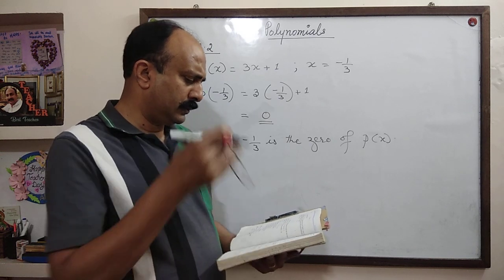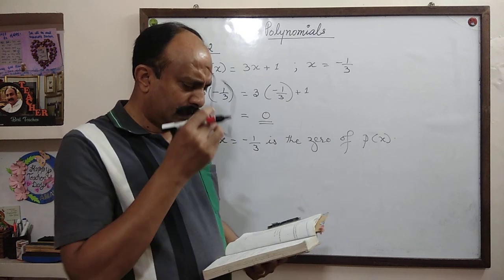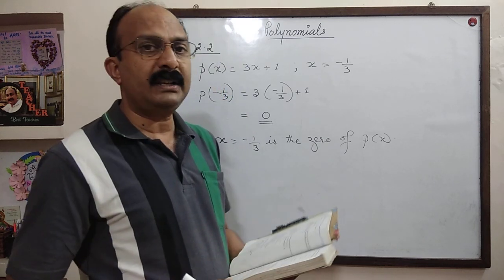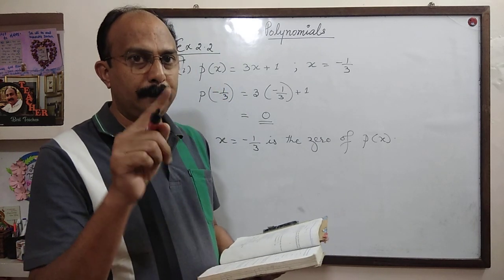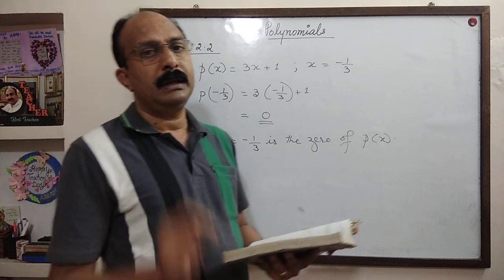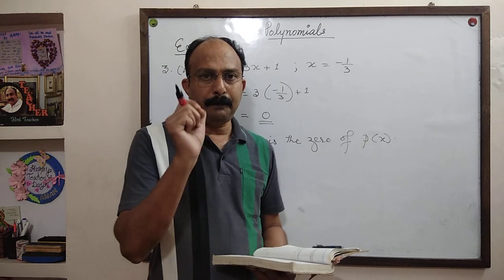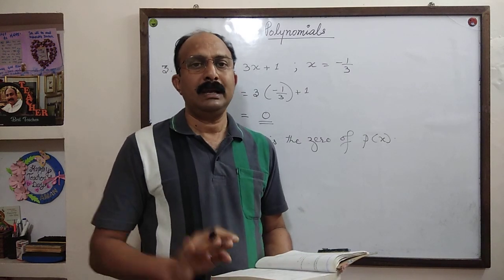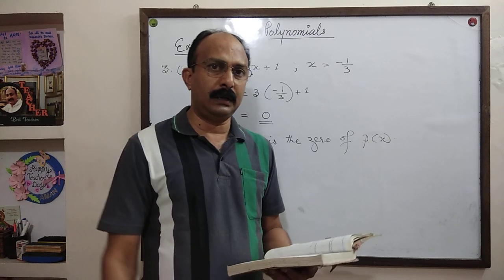Now question number 2. You are given another polynomial P(x) is equal to 5x minus pi, and the value of x is given, 4 upon 5. Remember, wherever you see pi in a polynomial, don't take its numerical value. Leave this pi as pi only.